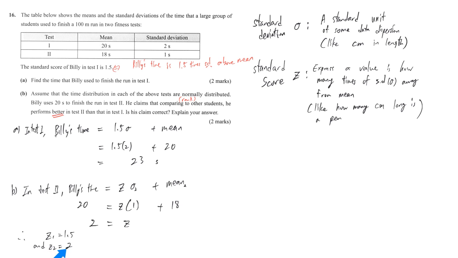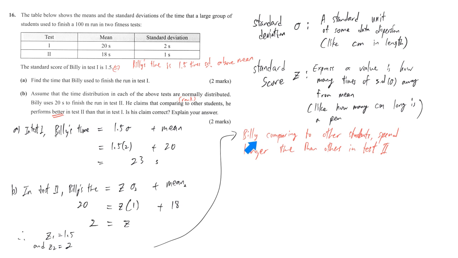In test 2, the standard score is higher, which means compared with other students, the time he spent is longer than others. So that's why we should say that the test 2 result is even worse than test 1. Therefore, I can't agree with the claim. The claim is disagreed. We will say that BD, compared to other students, spent longer time than others in test 2. So he performed worse in test 2 than in test 1, that's why we disagree.